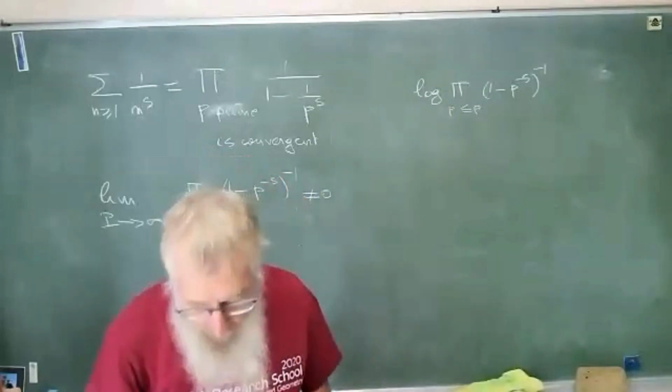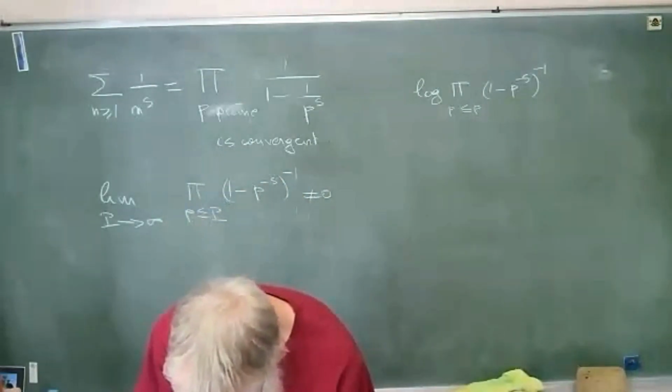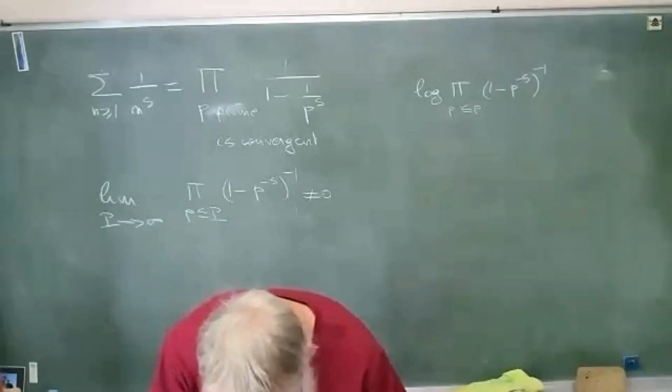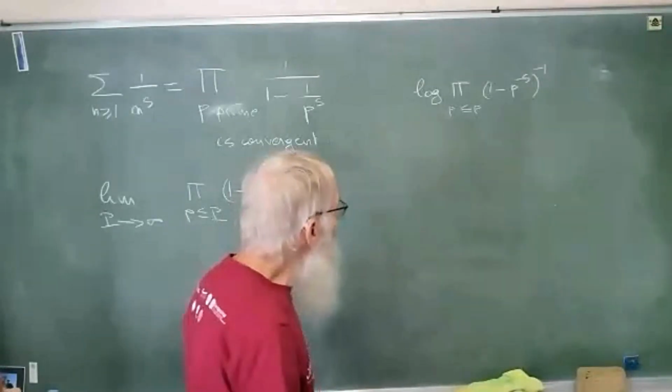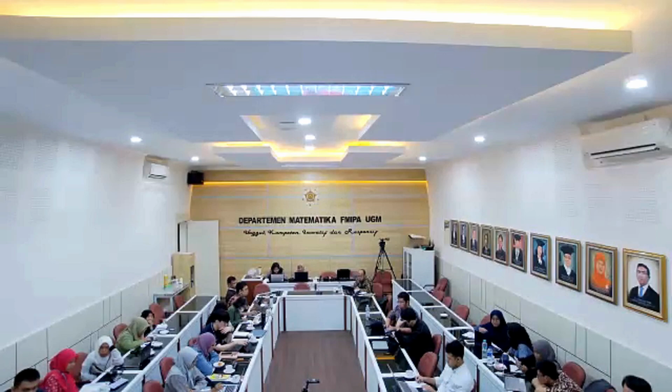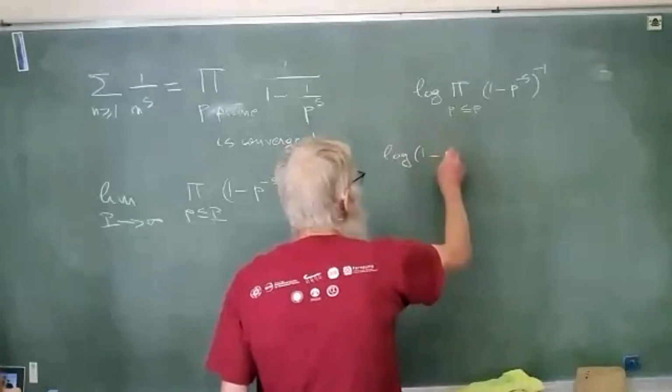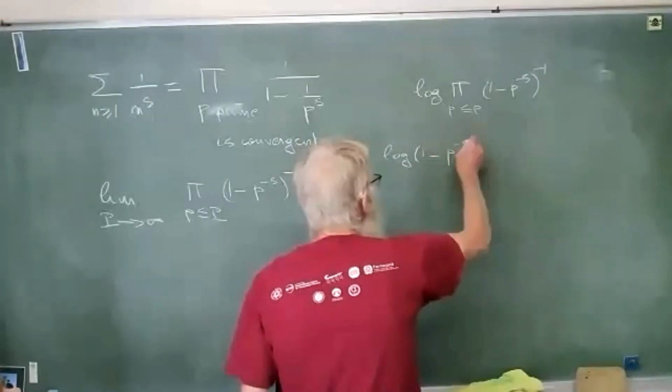We want to check that this has the limit that we expect. So we have to look at the logarithm of 1 minus p to the minus s.